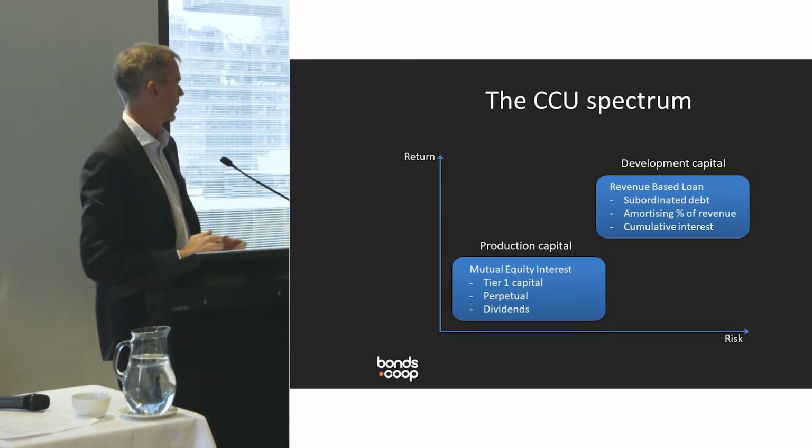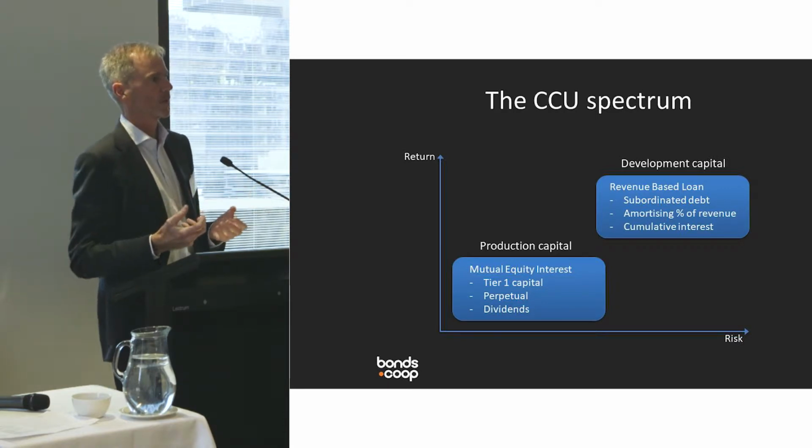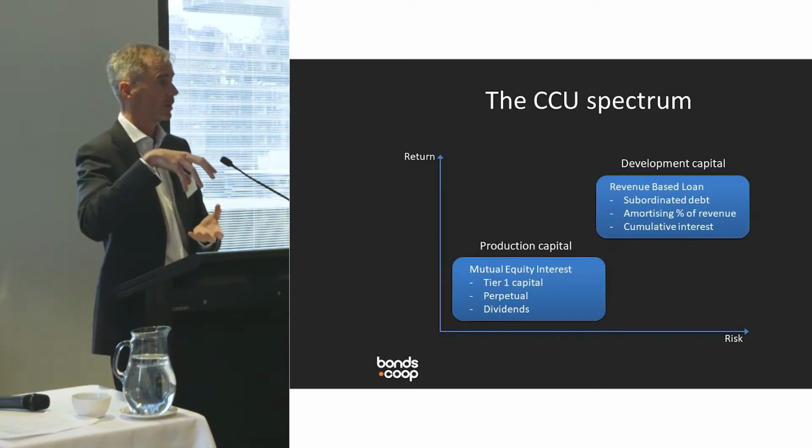At the other end of the spectrum, you've got production capital: the idea that a mature co-op, a co-op with a long trading history and a significant or material equity buffer, may be able to issue securities that have more fixed interest style characteristics.